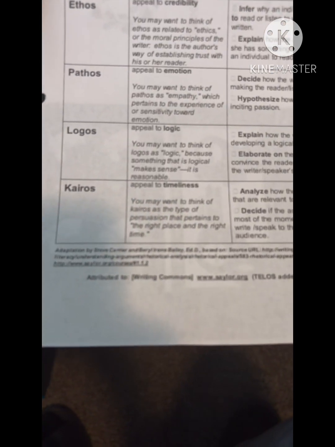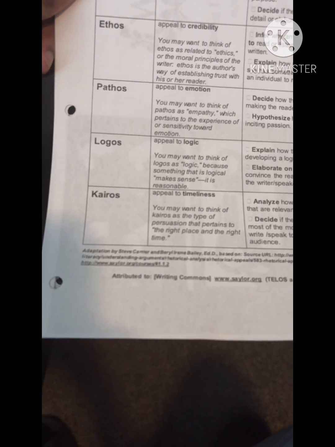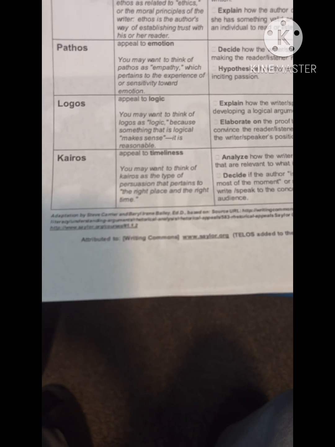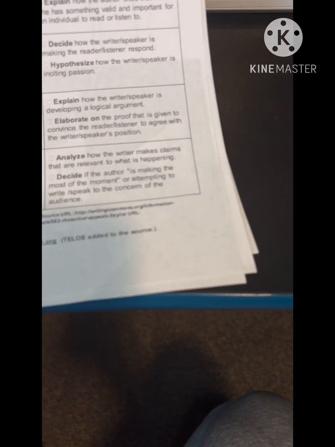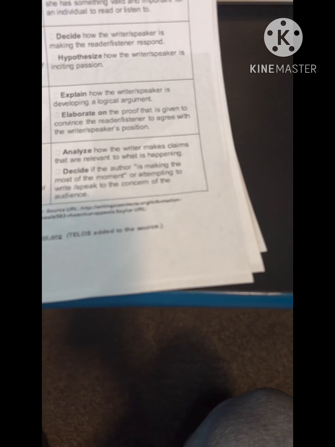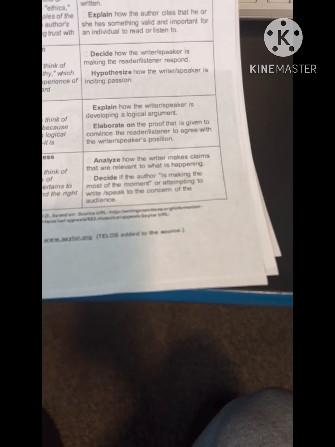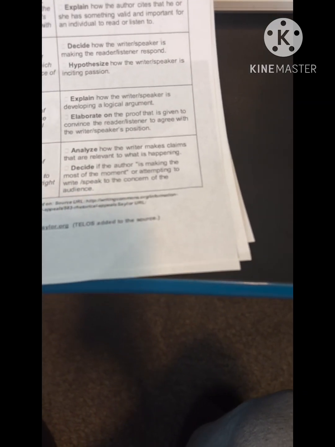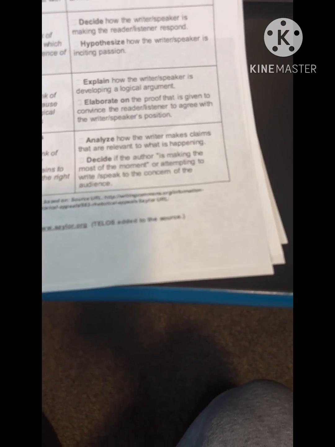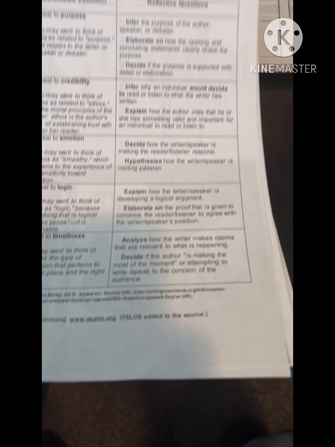And then for kairos, we have kairos, appeals to timeliness. You may want to think of kairos as the type of persuasion that pertains to the right place and the right time. Analyze how the writer makes claims that are relevant to what is happening. Decide if the author is making the most of the moment, or attempting to write and speak to the concern of the audience.